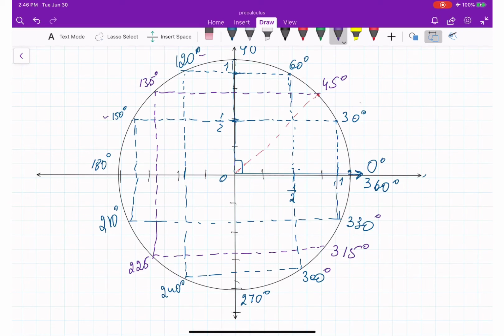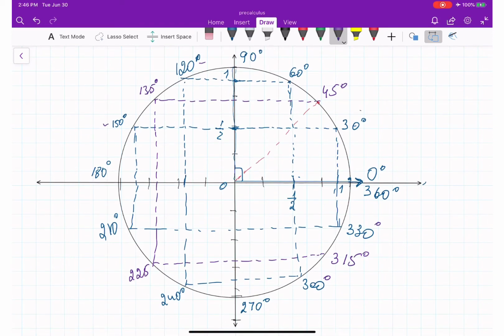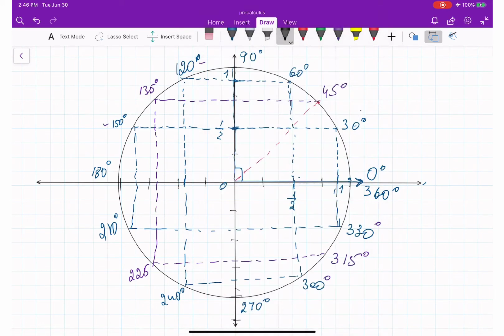So one more time, what is a radian? 1 radian represents an angle that is created by a radius r and an arc that is equal to r.